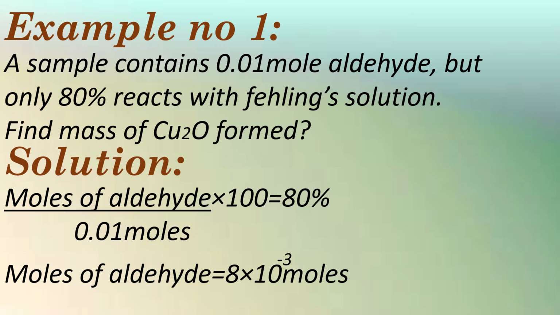Because 80% of 0.01 mole reacts with Fehling solution and that much amount is 8 exponent minus 3 moles, we have calculated moles of aldehyde. This much moles of aldehyde reacts with Fehling solution. We have to find the mass of copper 1 oxide, that is red precipitate formed.